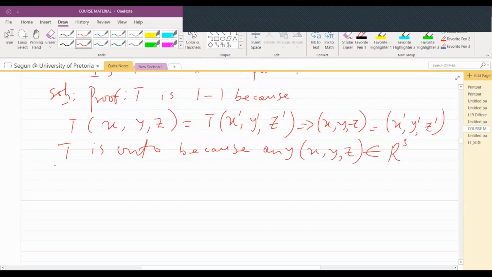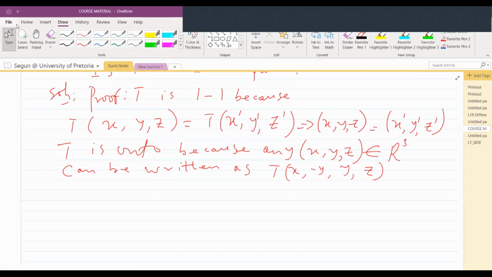Don't forget, it can be written as T of X minus Y, Y, Z, according to our definition.